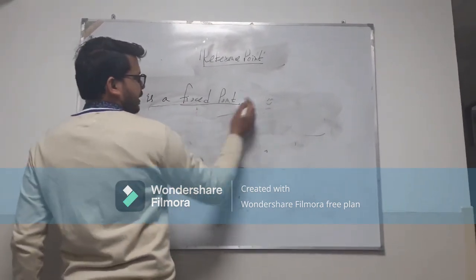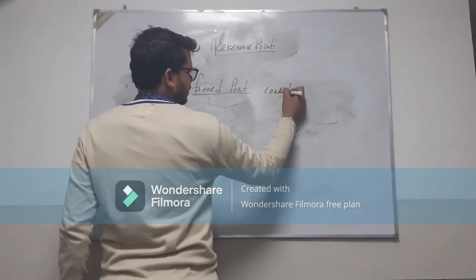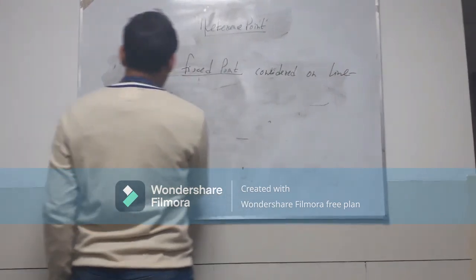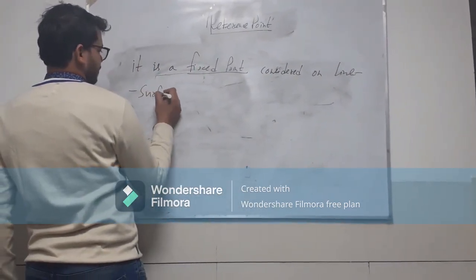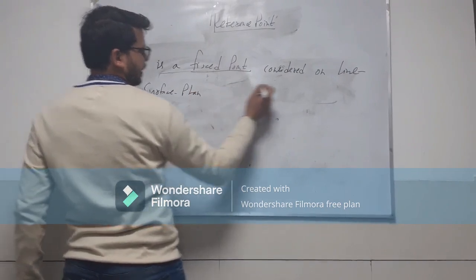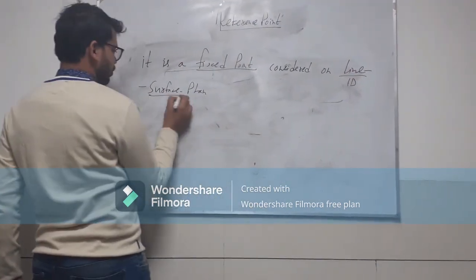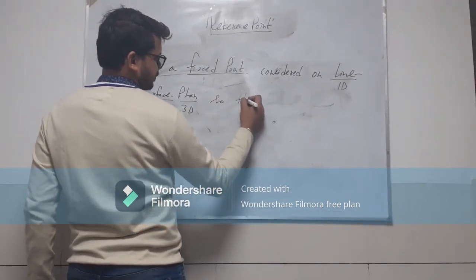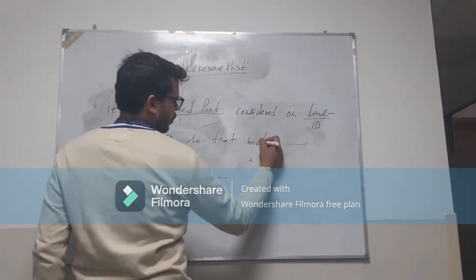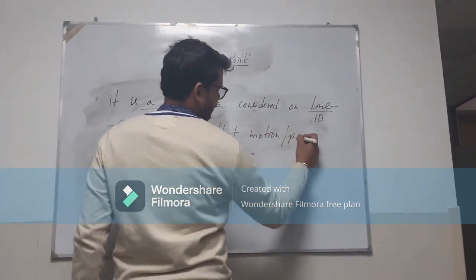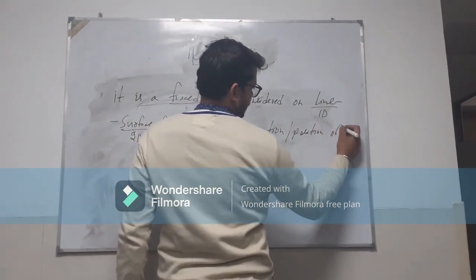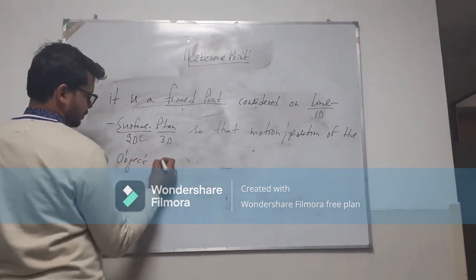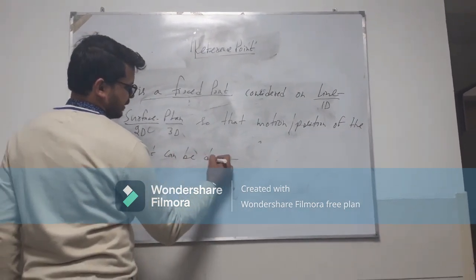It is a fixed point considered on a line, surface, or plane, meaning in 1D, 2D, or 3D, so that the motion, you can say the position of the object, can be defined easily.